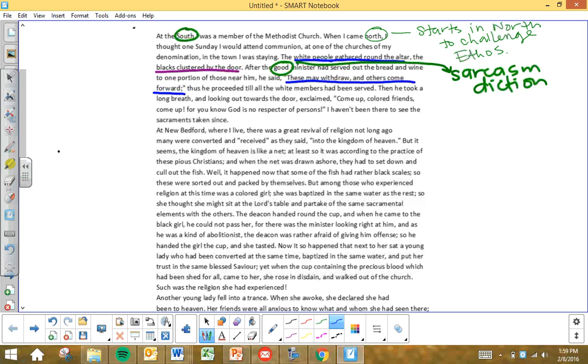So the white people get to have it before the black people. All sorts of people have it, and is there necessarily going to be enough? So it has the white people coming in sections. That's because all the white members are served first.